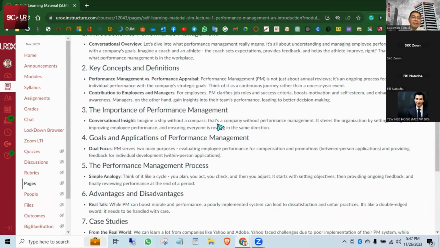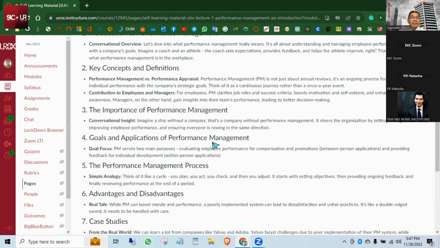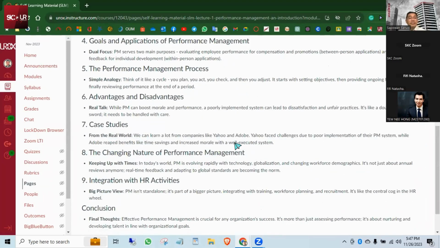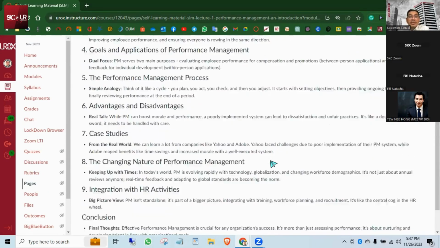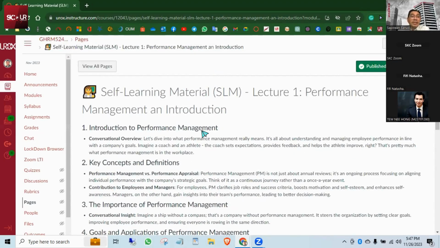So this is the books, the notes, the introduction, key concept, the importance of performance management, goal, process, advantages, and case study, changing nature of performance management, and integration to HR activities. So this is more of what I could say are the supportive learning tools for you.